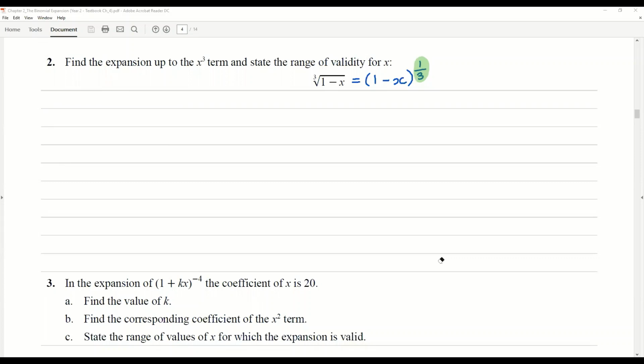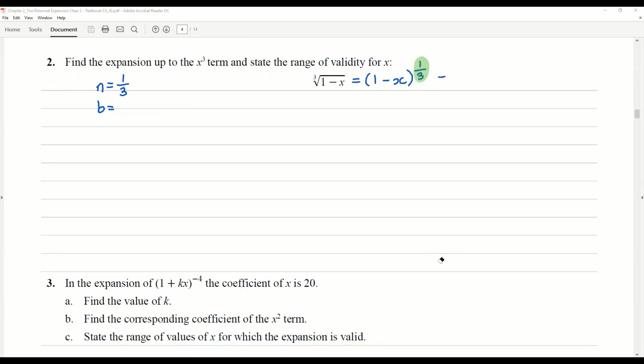All right, so n is going to equal 1/3, of course. And b, now let's just have a look what we have here. Remember, the form is 1 plus x, isn't it?